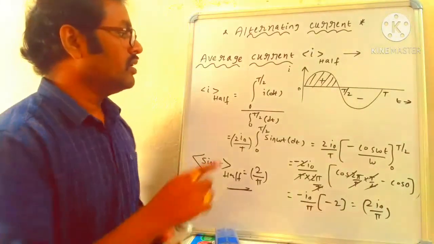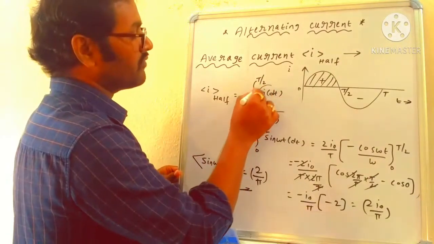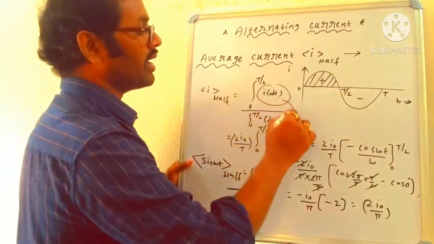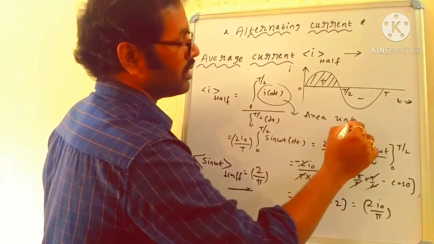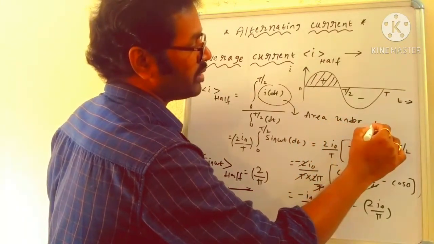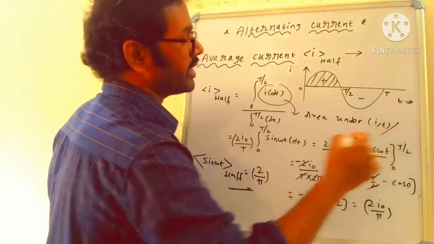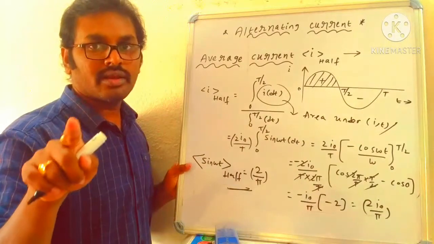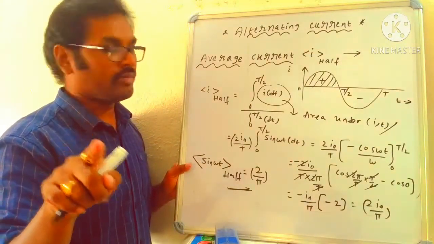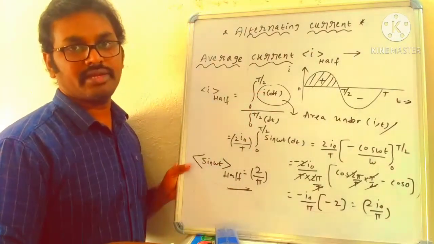And here you can see the term integral of I into dt. This is also called the area under the graph between the current and time, which is nothing but the integral of I dt.